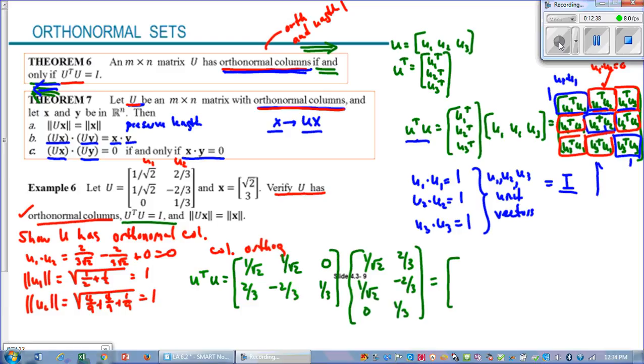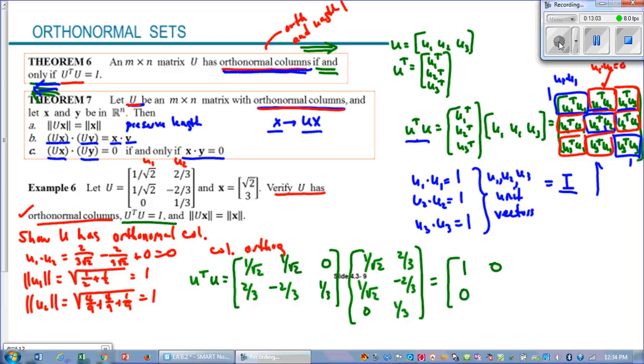So I have row 1, column 1 will be 1/2 plus 1/2 plus 0 is 1. Row 1, column 2 will be 2 over 3 times the square root of 2 minus 2 over 3 times the square root of 2 plus 0. And then row 2, column 1 will be 2 over 3 times the square root of 2 minus 2 over 3 times the square root of 2 plus 0.